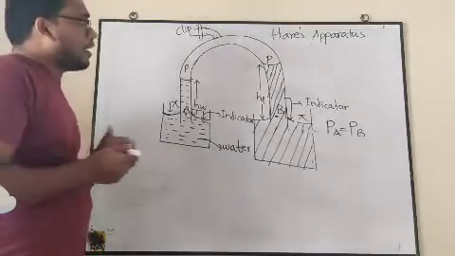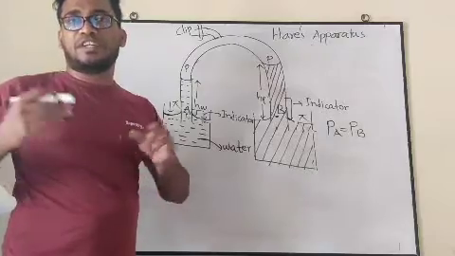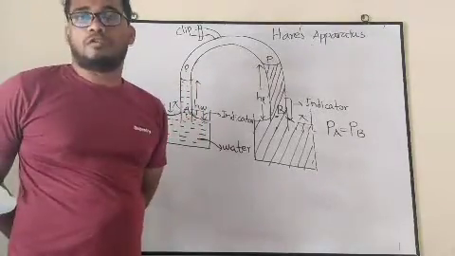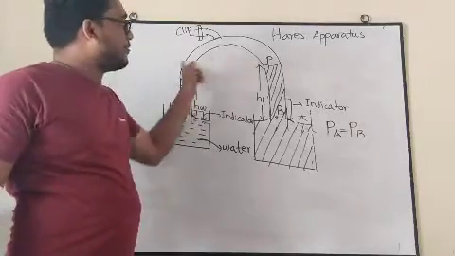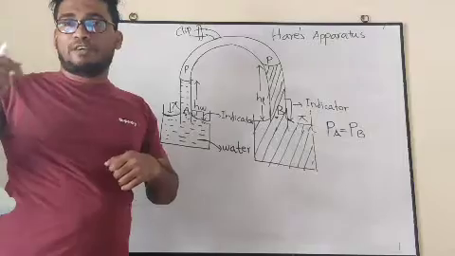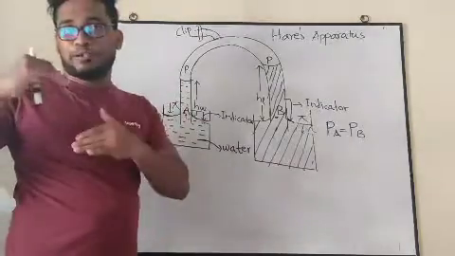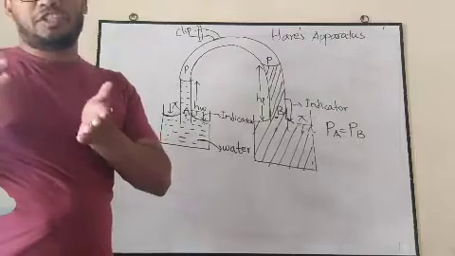So here I mark P. It means what? In the tube, the pressure is equal. In the whole region of the tube, the pressure is equal. If a liquid covers some portion of the tube, the hydrostatic pressure makes the changes.